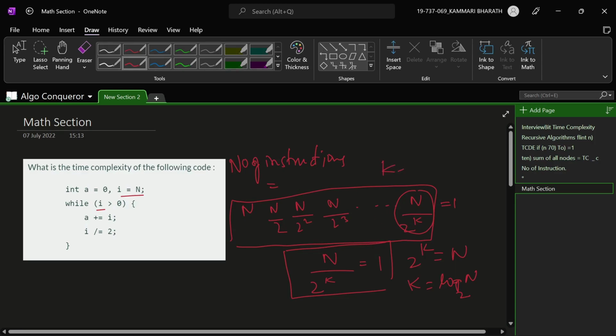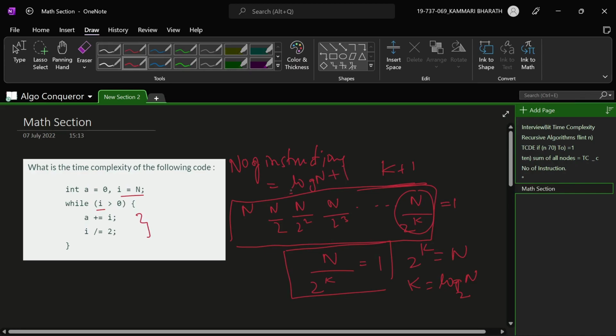There are k plus 1 terms, which means these instructions got executed k plus 1 times, right? So k is log n, and total number of instructions executed is log n plus 1.